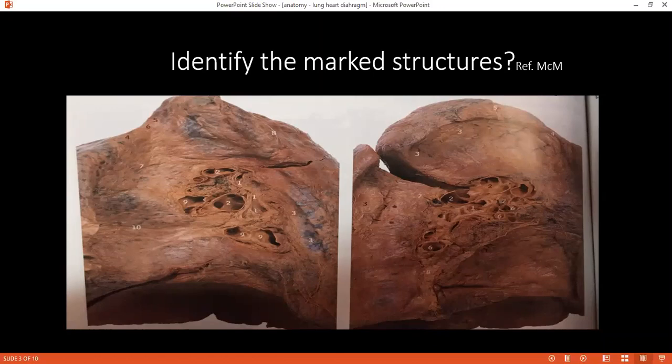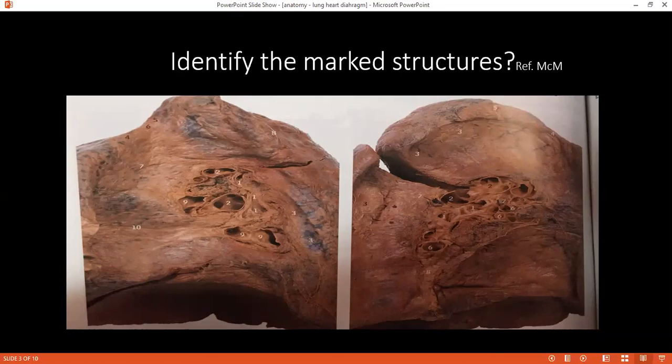You just told me the structures, but can you tell me the extent of the lungs, both right and left? Or the surface anatomy of the lungs on the skeleton? Yes, ma'am.